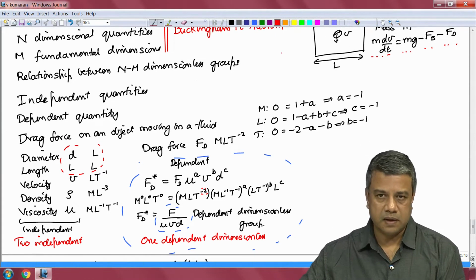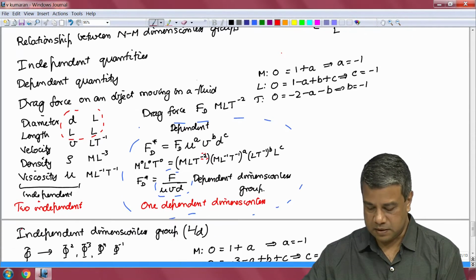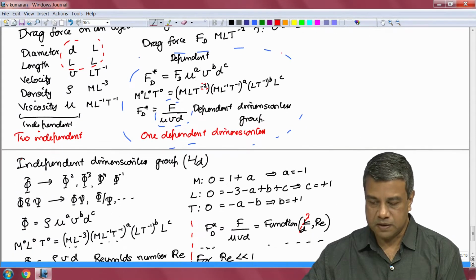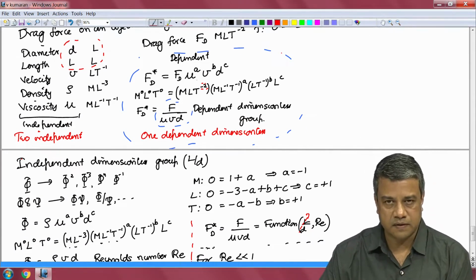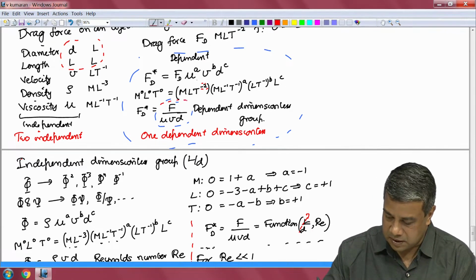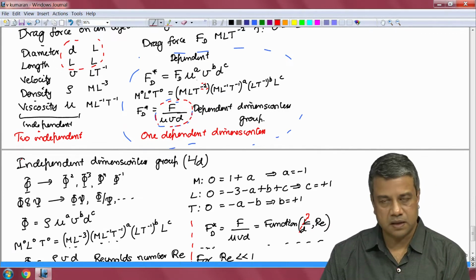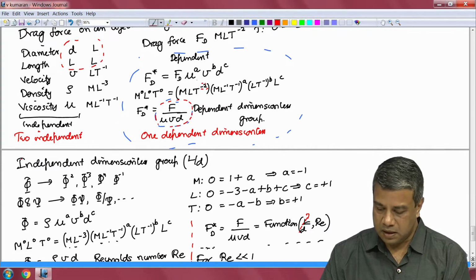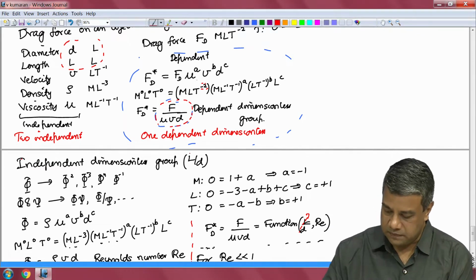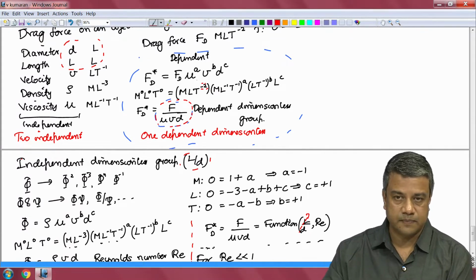When there are n dimensional quantities and they contain a total of m fundamental dimensions, then there are n minus m dimensionless groups. The force we had initially scaled by the viscosity, and we got the dimensionless drag force, which is the ratio of the force to the viscosity, the velocity, and the diameter. The independent dimensionless groups are the ratio of lengths, and a second dimensionless group that contains the density, the viscosity, the velocity, and the diameter.